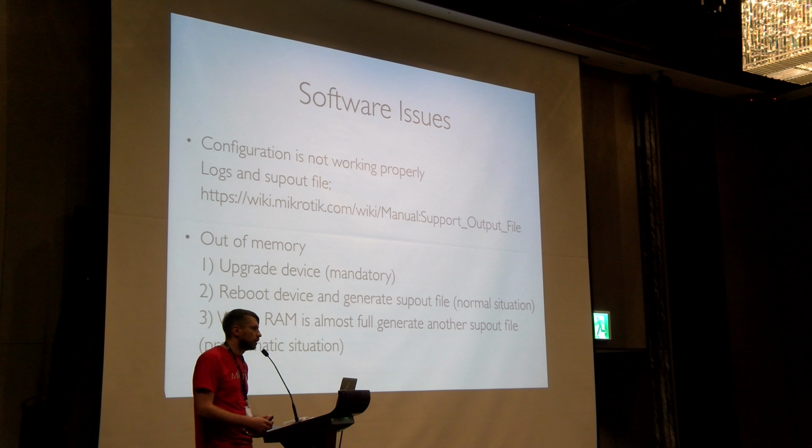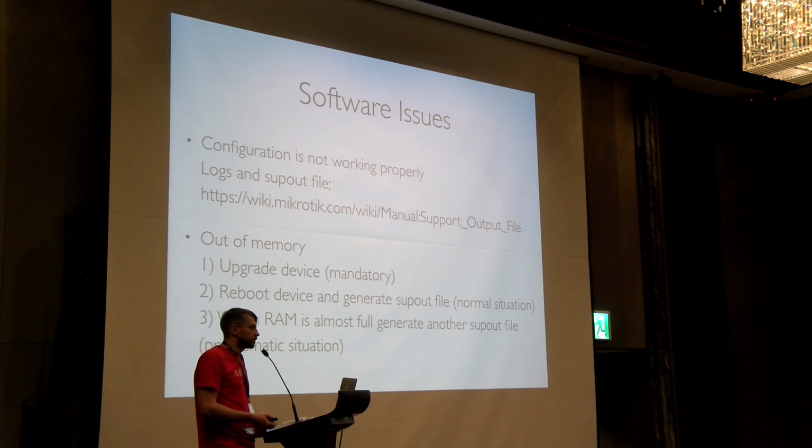For example, if you have some configuration issue or some feature is not working properly, we will need a support output file from you. And to get a faster reply, we ask for a support output file from the latest version. So just make sure you have the latest software version and the problem is present for you in that version, and then send the file to us.